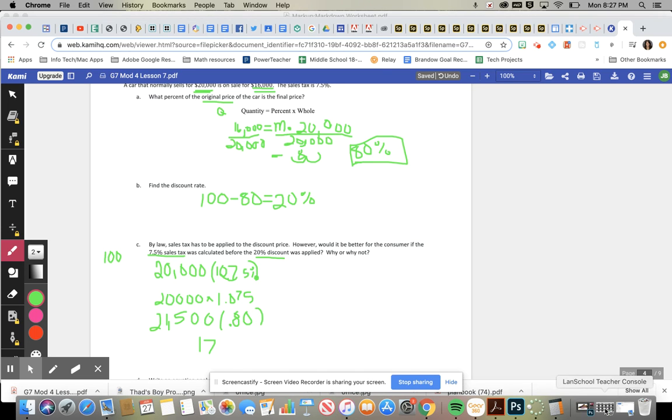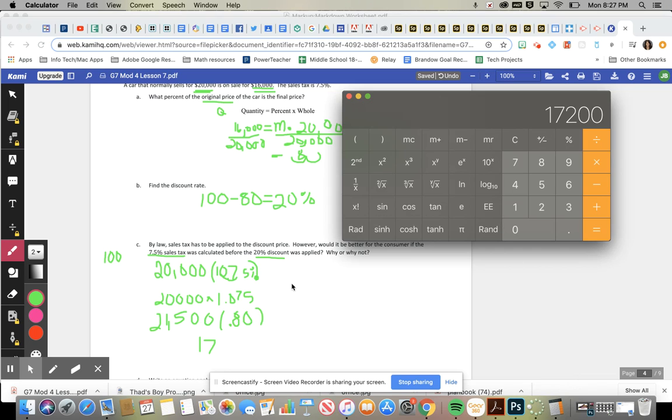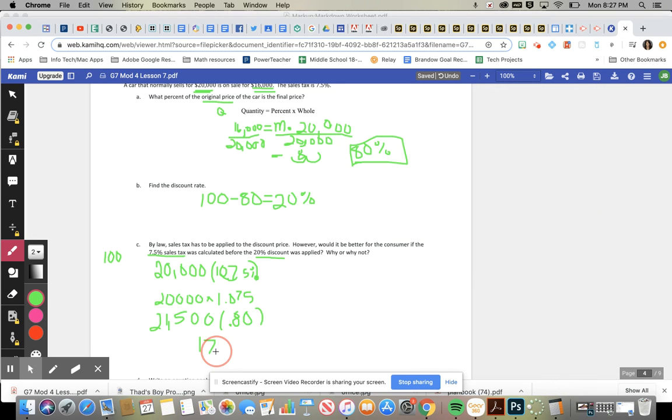What was it? $17,200. So that's with the discount and the sales tax. But we did the sales tax first, calculated that and added that on, and then took off the 20% discount. Okay, so that's the first way.